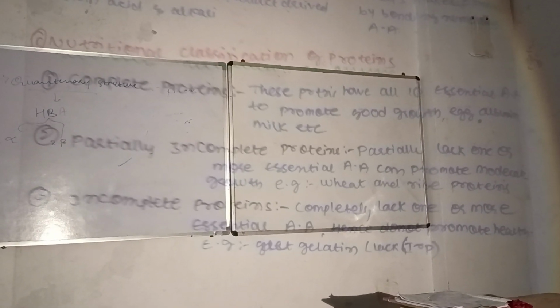Any food product which fulfils the requirement of 10 essential amino acids is considered a complete protein, like egg albumin. Egg albumin is a very good and rich source of protein, as well as milk casein. It is responsible for meeting your 10 essential amino acids, and promotes good health.